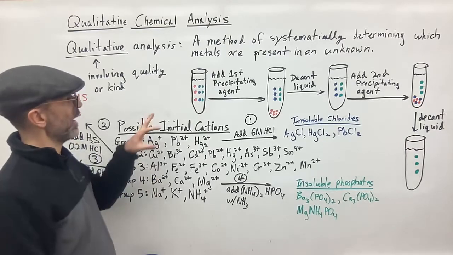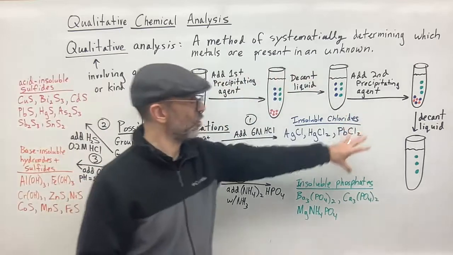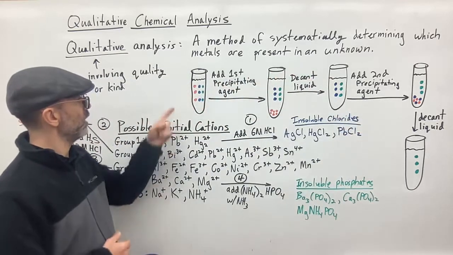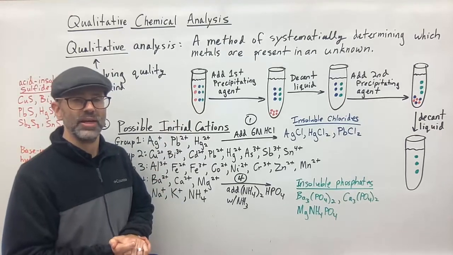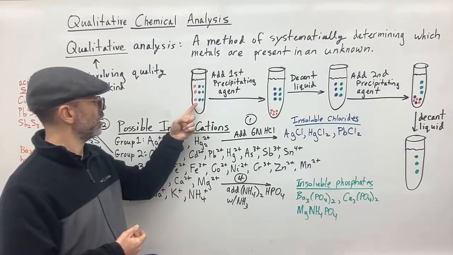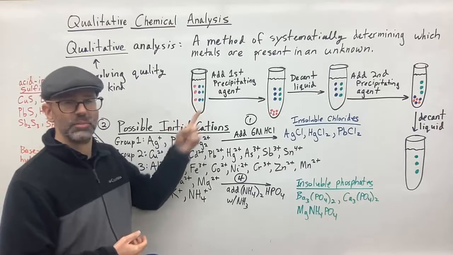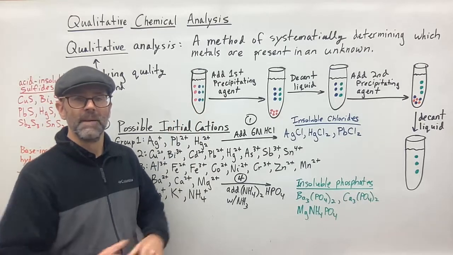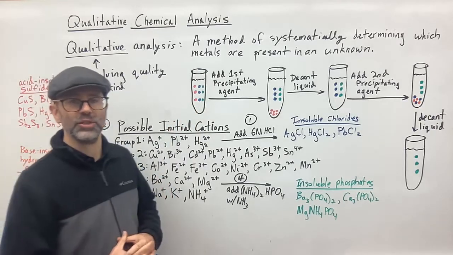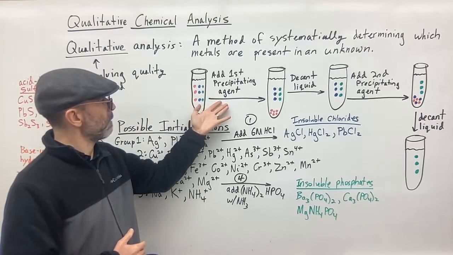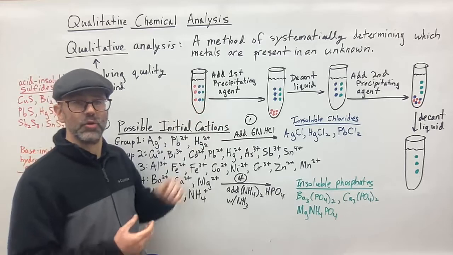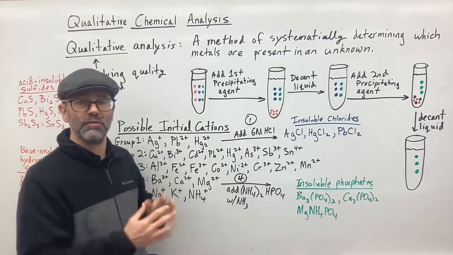And so here I have kind of a diagram to show you how this works. So here I have three different kinds of ions in my solution. I have a red, a blue, and a green. So these could be three different cations. And what I'm going to do is add a precipitating agent to my solution that's going to precipitate out only one of those ions.